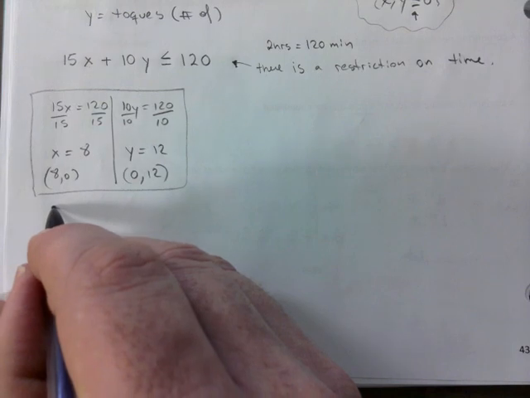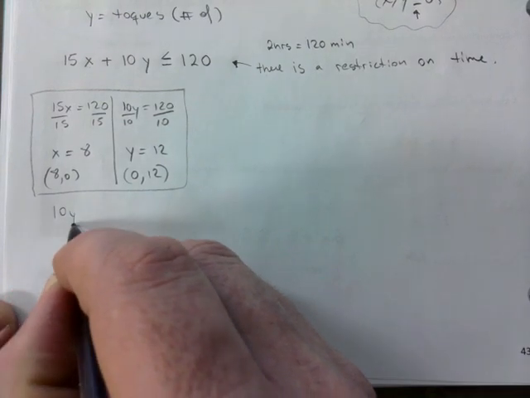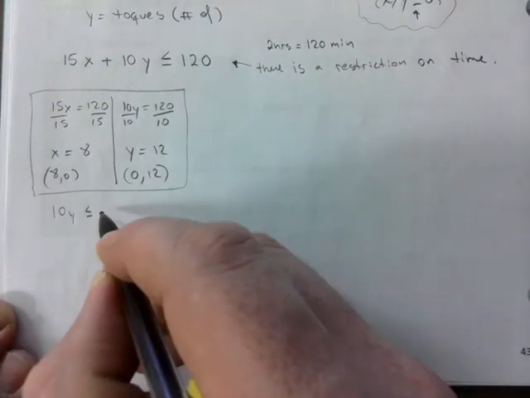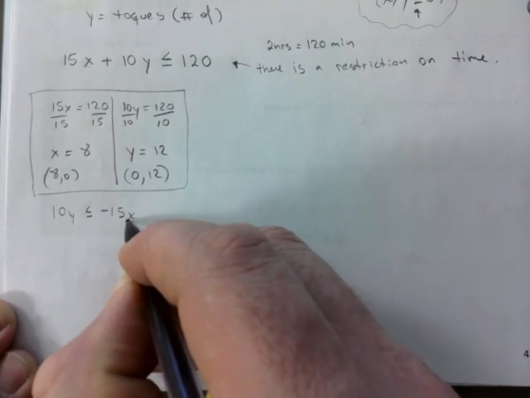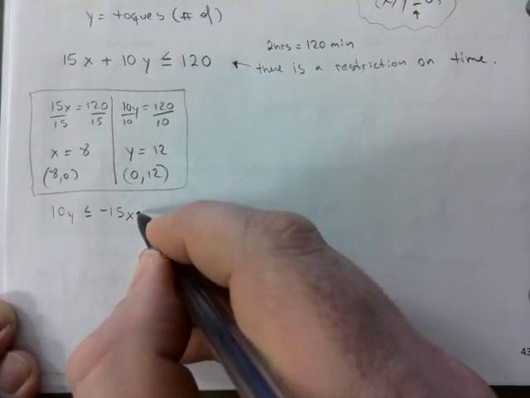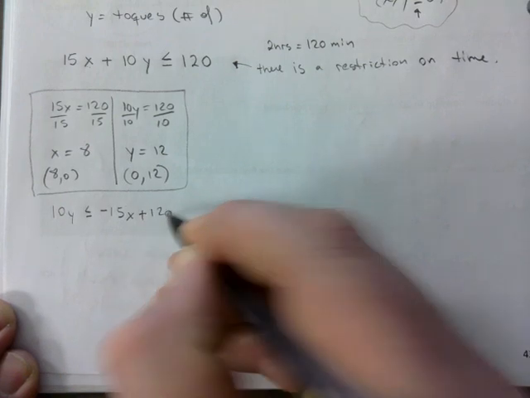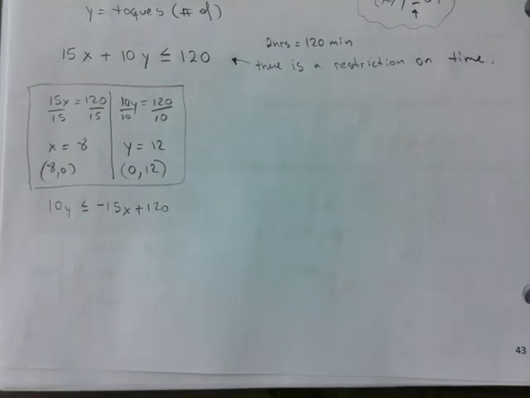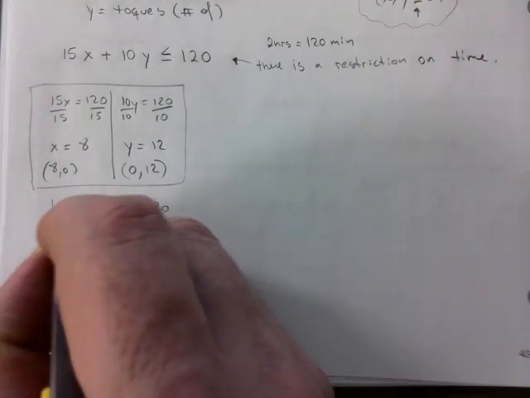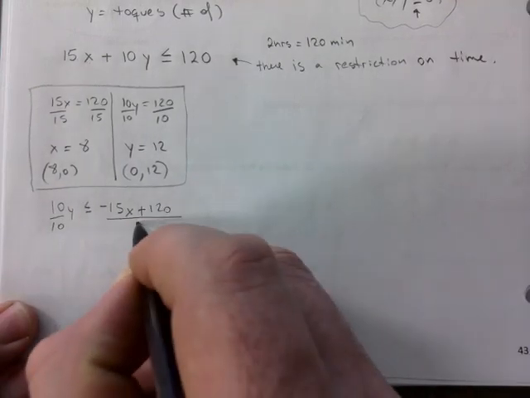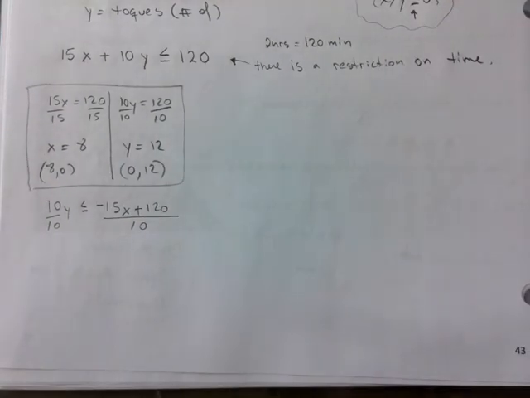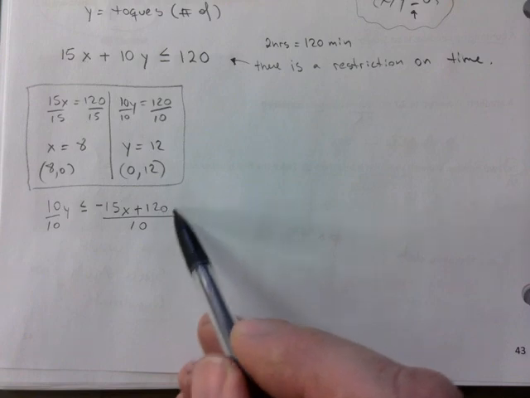Then we have the rewriting part. 10y is less than or equal to negative 15x plus 120. Then divide everything by 10. I must say, you're doing really well at not missing the last term.